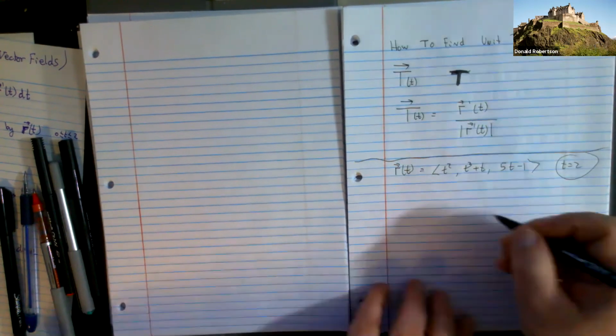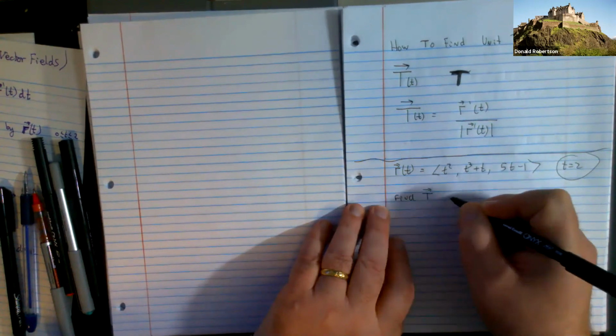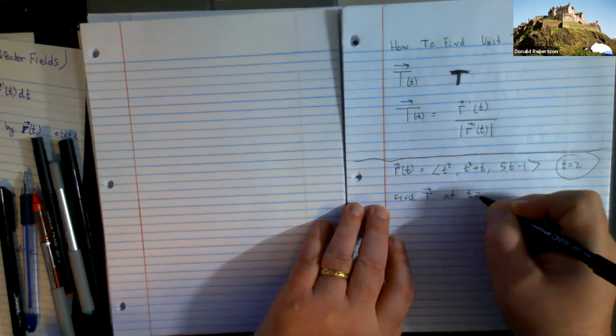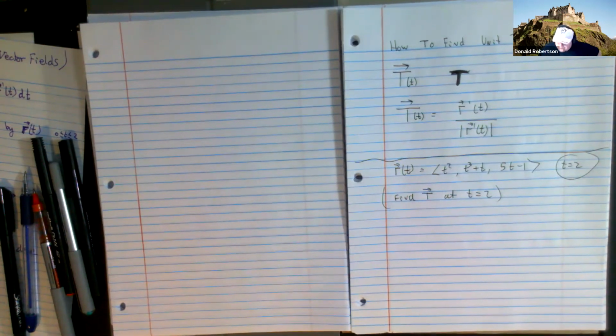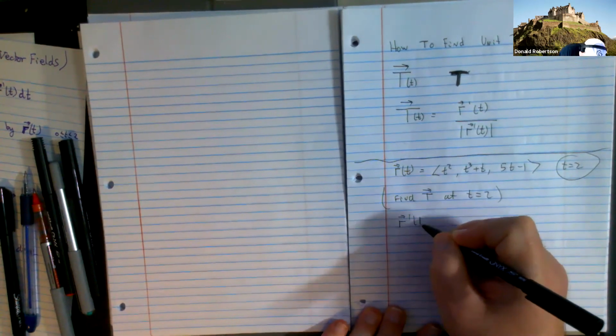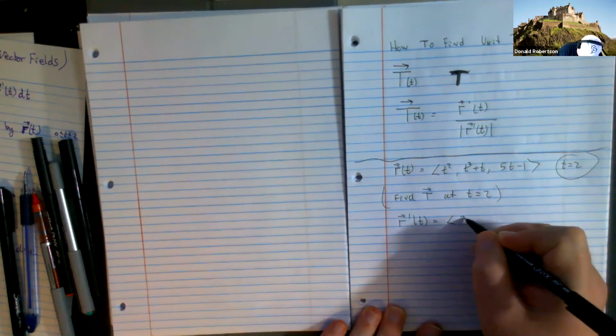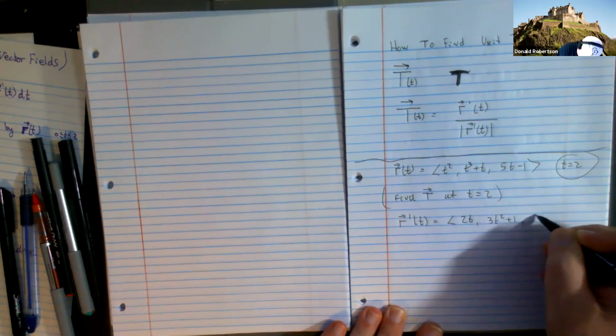So your question would be to find the unit tangent vector at a specific place on the curve. Well, you find the derivative vector. Power rule, power rule, power rule.